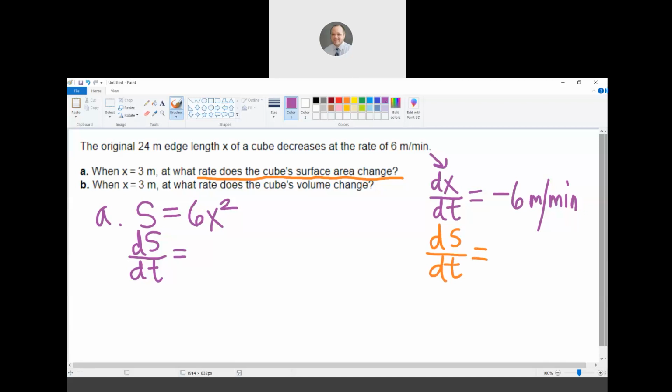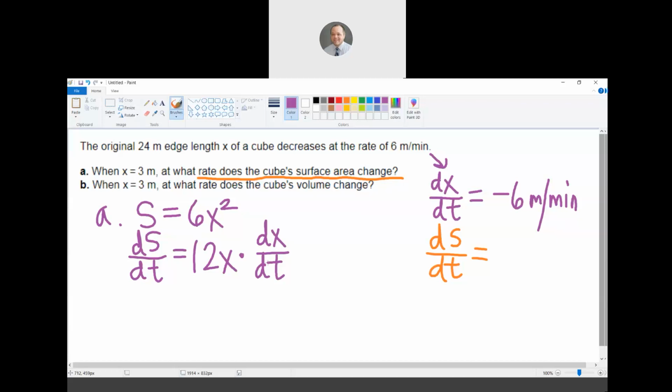On the other side, the derivative of 6x squared is 12x. And because we're taking the derivative of x with respect to time, we include the ratio dx over dt. Now that we've taken the first derivative, we're ready to plug in our given information.